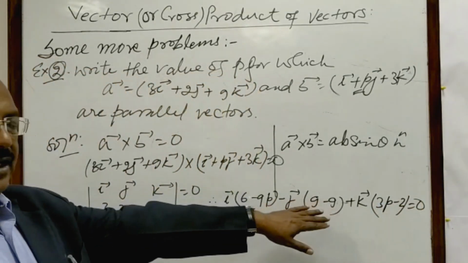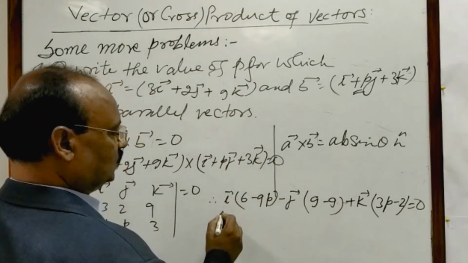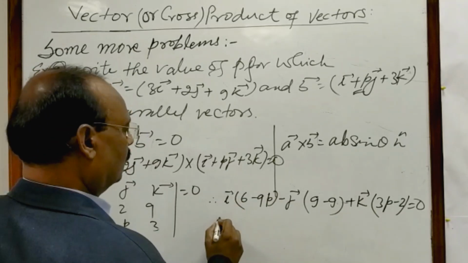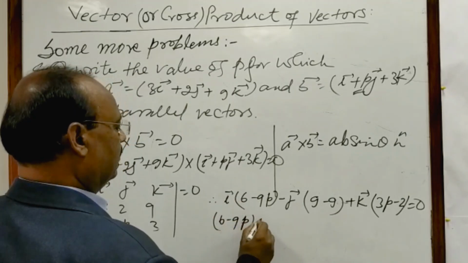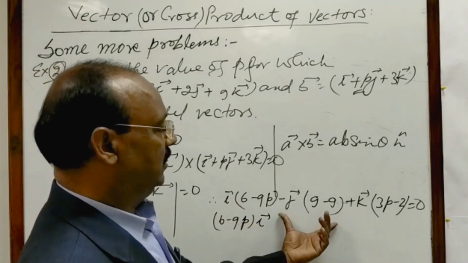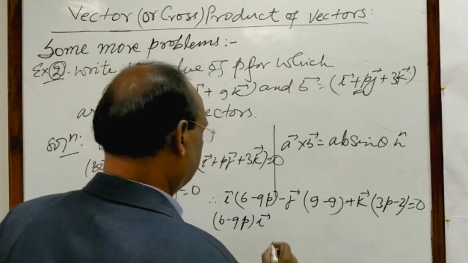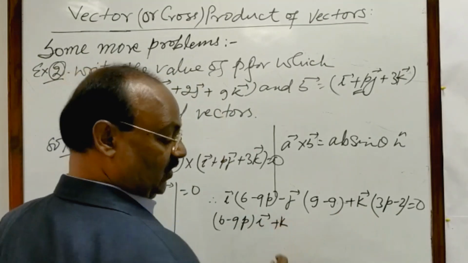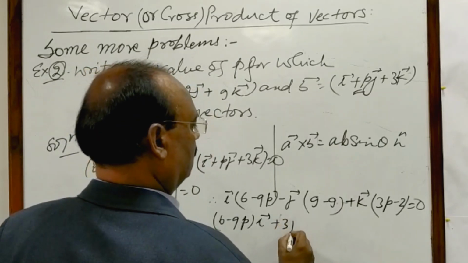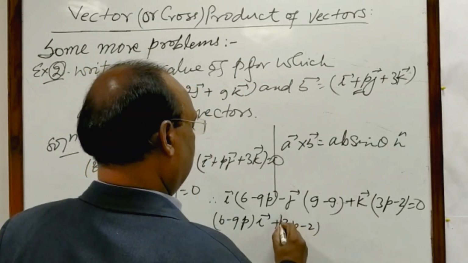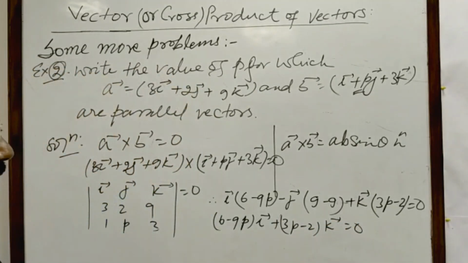Now let us simplify it. After simplification of this step, we will get the result: (6 minus 9p) times i, the j part is 0 due to 9 minus 9, and (3p minus 2) times vector k, is equal to 0.